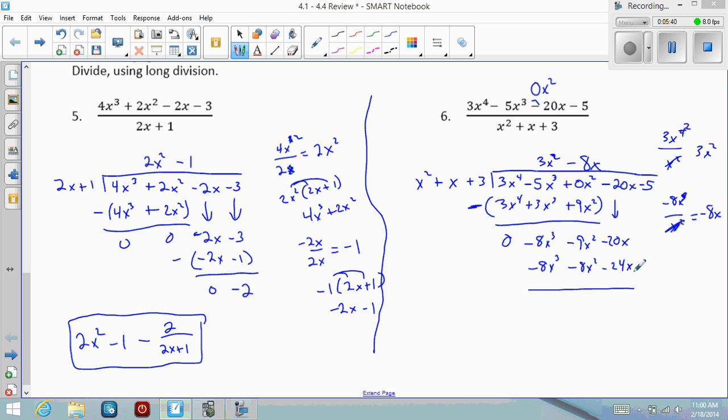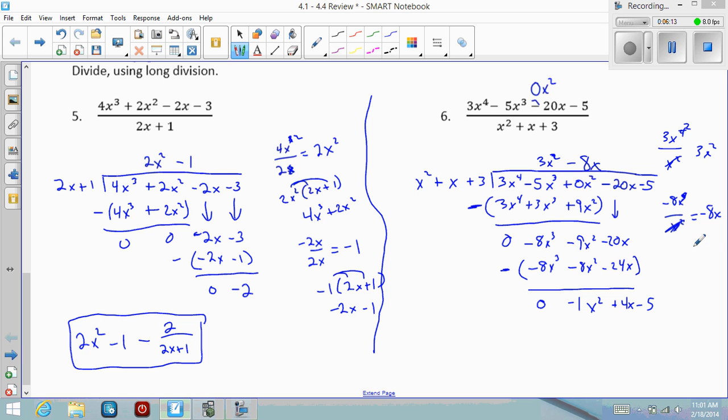Okay, so minus 24x, and we are going to be subtracting. So negative 8x cubed minus negative 8x cubed is 0. Negative 9x squared minus a negative 8x squared is going to be adding that 8x squared to the negative 9 to get negative 1x squared. Negative 20x minus a negative 24, so we're adding the 24x to get positive 4x, and then minus 5.